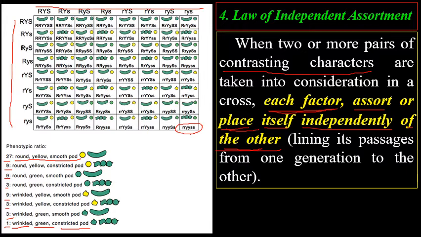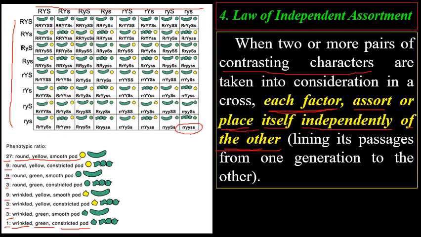That is, 27 individuals are round yellow smooth pod, and one is wrinkled green constricted pod. So the dominant is round yellow smooth pod, while the recessive is wrinkled green constricted pod. It also follows the law of segregation, and finally the law of independent assortment.